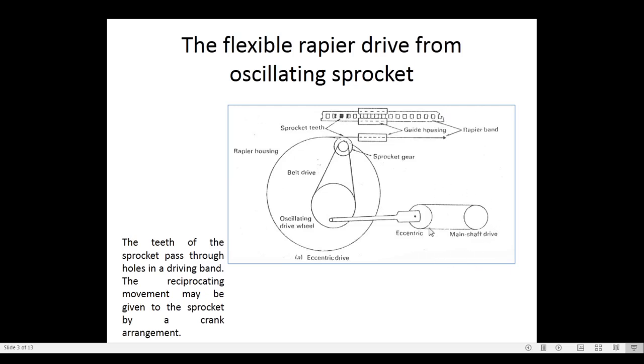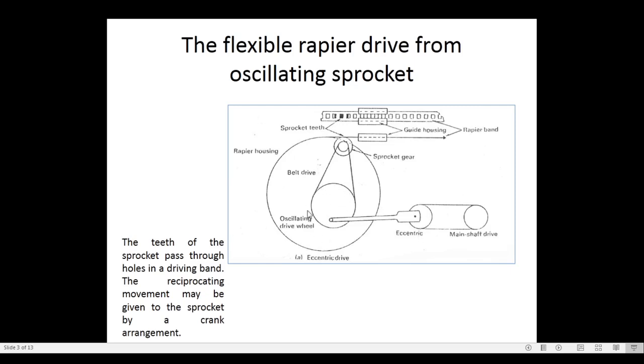So once again see how it is moving. The main shaft rotates. This lever will move upward. It will rotate clockwise, the belt will rotate clockwise, the sprocket will rotate clockwise, and your rapier tape goes up to the center. Again, after a while, the lever goes down.